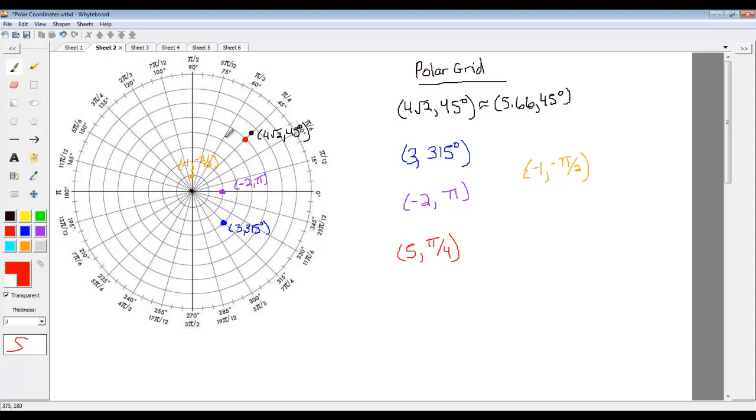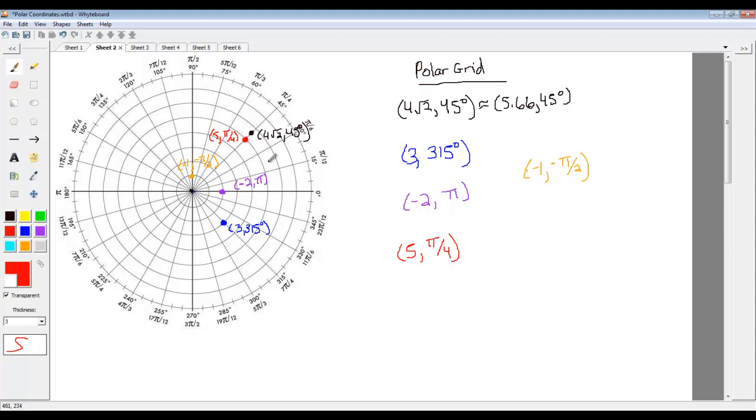That puts me right here. But I'm interested in seeing what other ways I can express that. What other coordinates can I use for that same exact point?